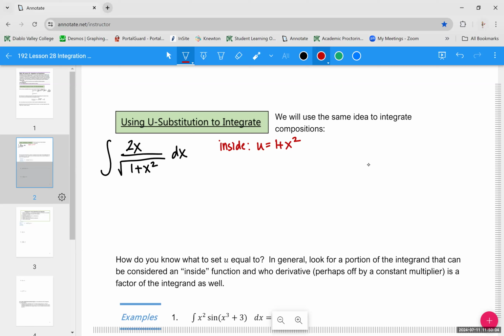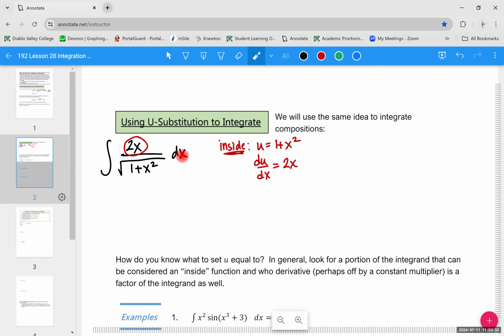So now what we're going to do is differentiate this inside function. So du dx, and that will give me 2x. Well, look what I have here. I have 2x. So we're going to try to substitute, get rid of the x's in this integrand and turn them all into these u's. 1 plus x squared is already a u. 2x is a du dx.